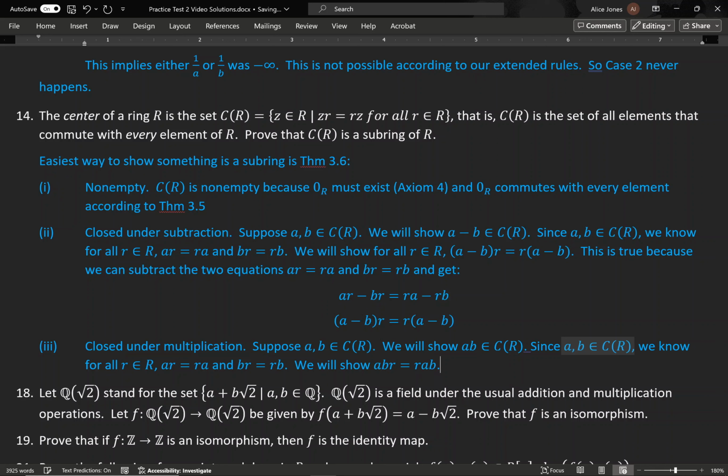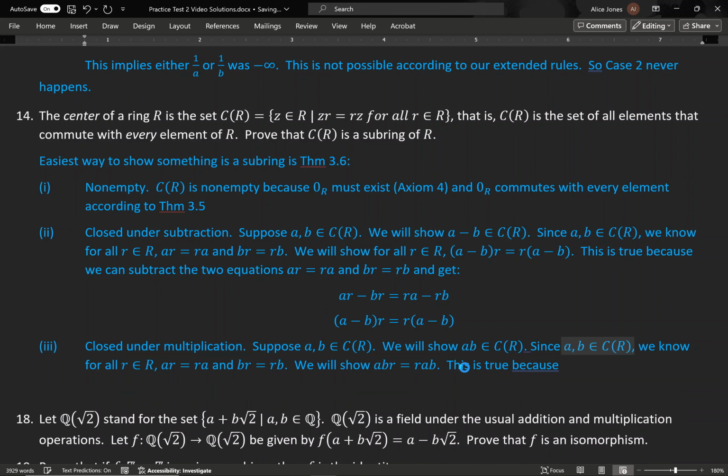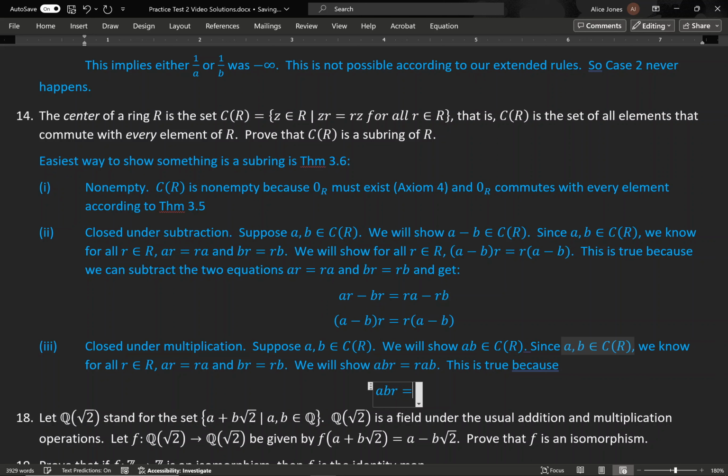Now, why should that be true? This is a little bit less obvious. Why should ABR equal RAB? Let's write down ABR and see if there's anything we could do to it that would make it look like RAB.